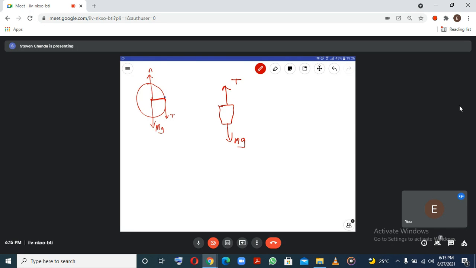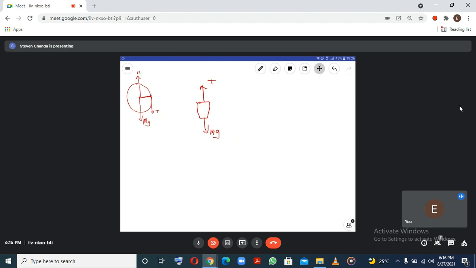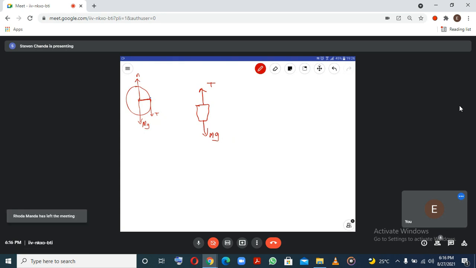Okay, so now what do we do? We look at the bucket, and since the bucket looks a little bit straightforward, let's go for the bucket. We know that there are no horizontal forces on the bucket, we only have the vertical ones. So how are we going to write it?